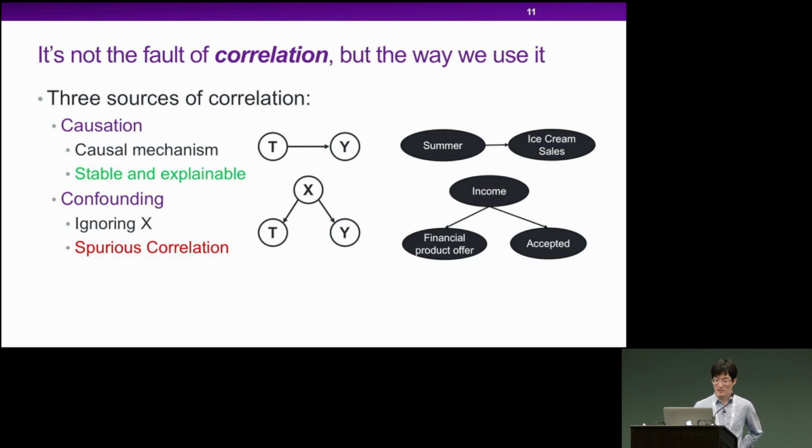An example is that income determines your financial product offer, and income determines whether you accept it. So whether you accept it actually is not caused by the offer, but by your income, right? But in the data, you will see that the product offer of the recommendation engine seems to result in the accepted behavior.